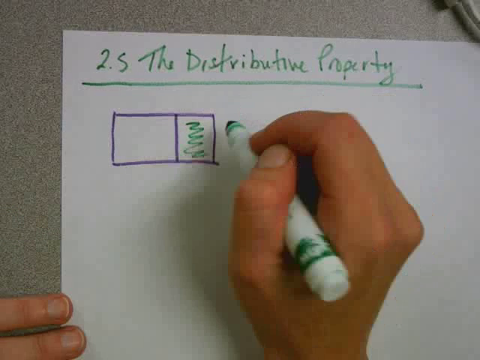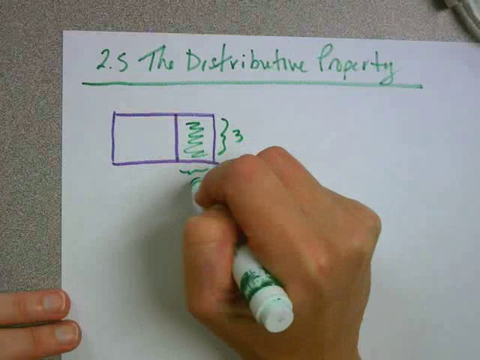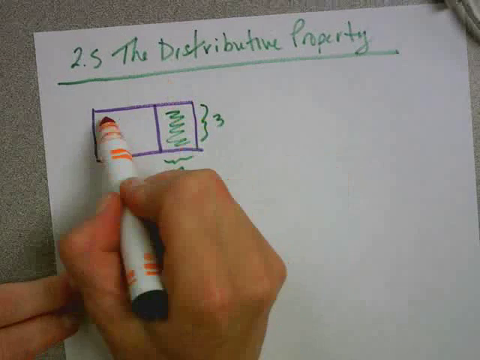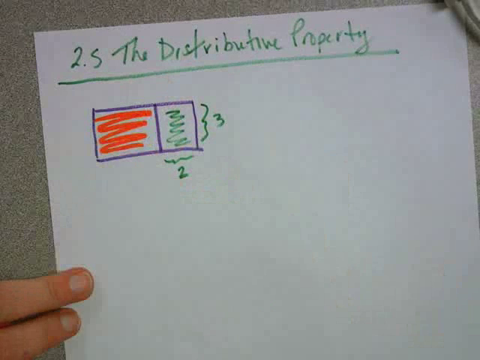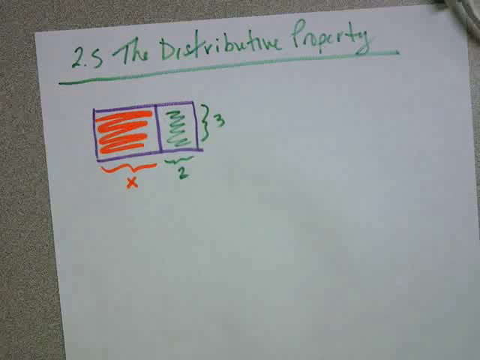This side of the green guy is 3, and that side is 2. It could be centimeters, inches, whatever you want. Then I'll make this bigger guy orange, and this distance is going to be x. Then find the area of that rectangle.